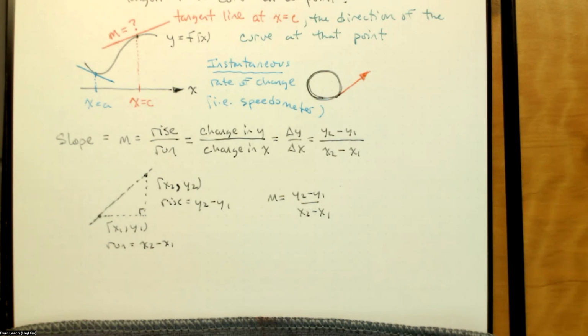We only got 1 point. What's y2 minus y1 with just 1 point? 0. That's not a problem, it's just no change. But what's x2 minus x1? Also 0. That's the problem.